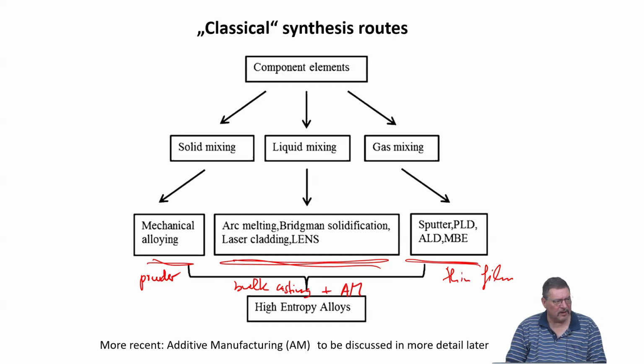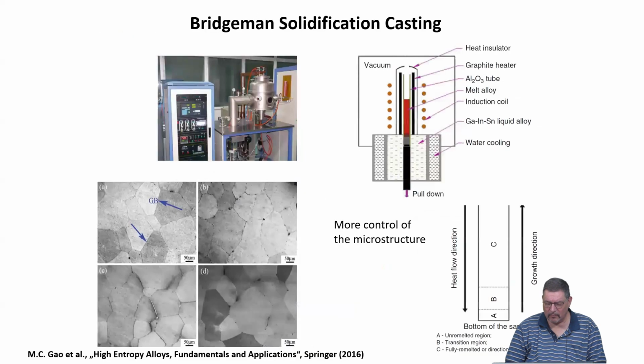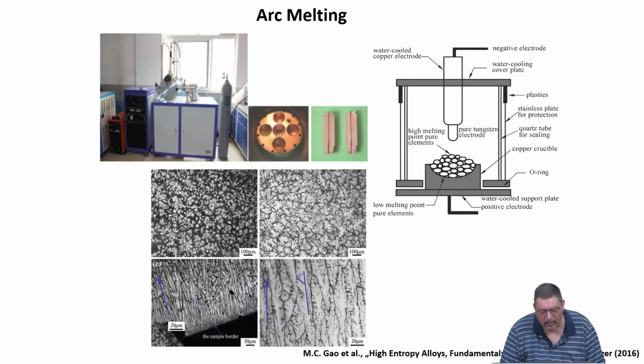And in the middle, bulk casting and additive manufacturing are the ones which are used. So arc melting, you probably know.